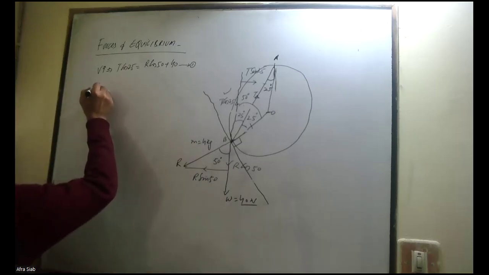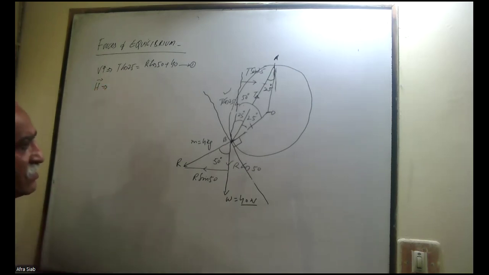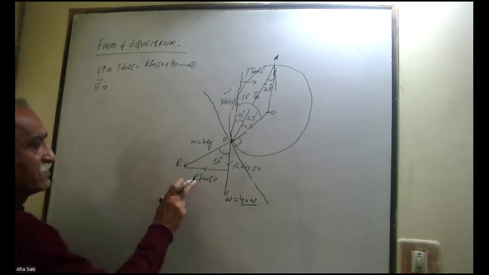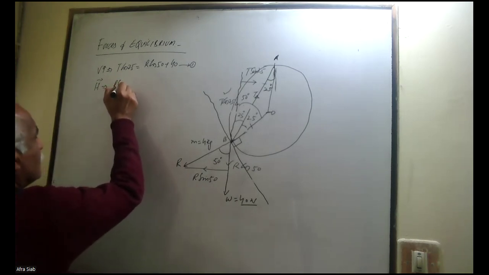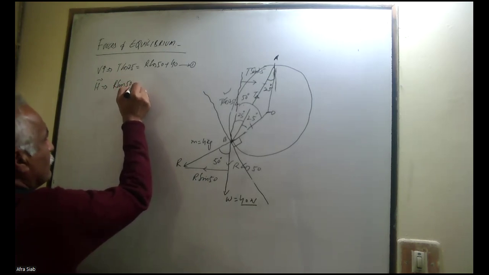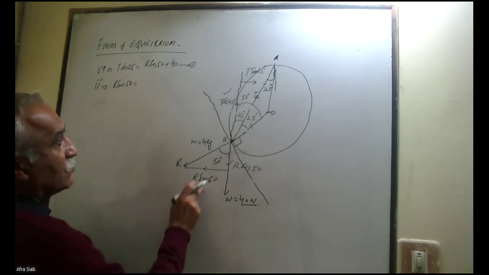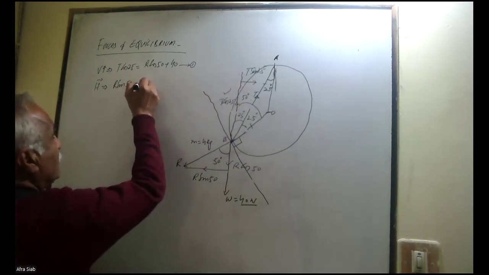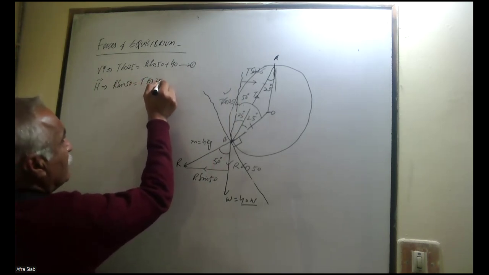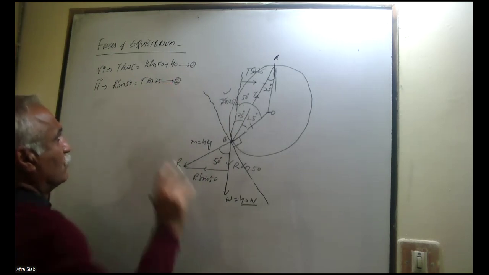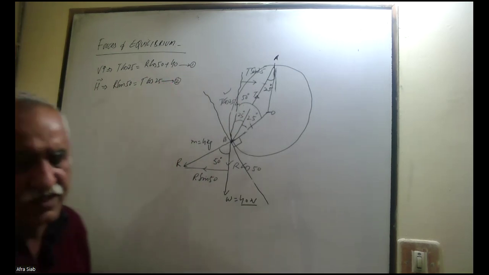Let's say it is equation number 1. Then we have to solve the horizontal components. In this case, the horizontal component is R sine of 50 towards the left side, and it is equal to the right side, which is T sine of 25. Let's say that is equation number 2. Now we have to solve 1 and 2 simultaneously.